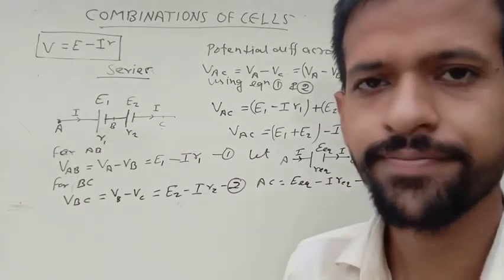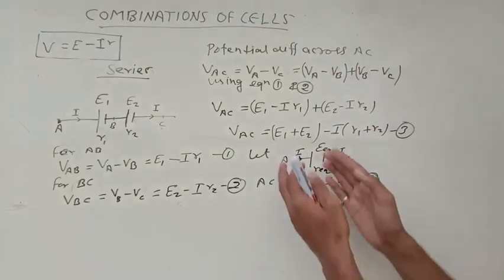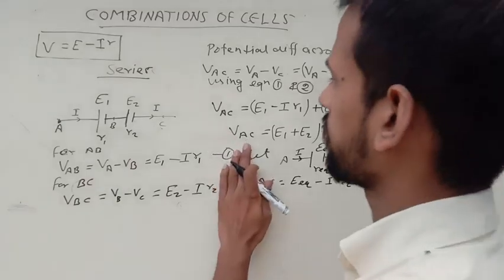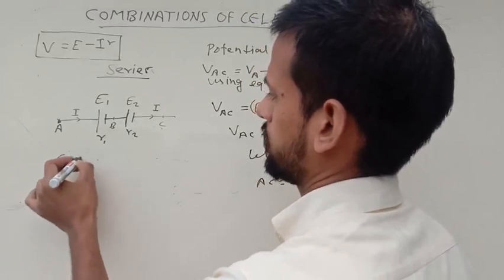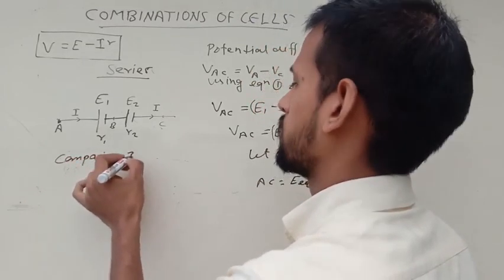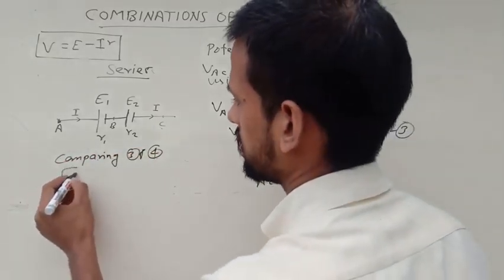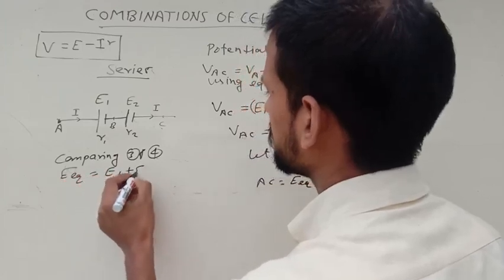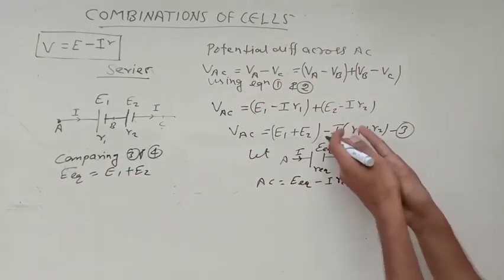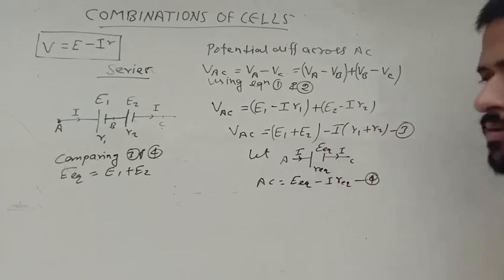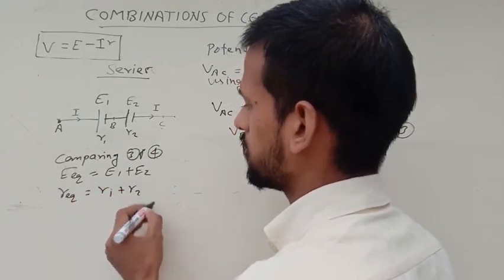Now by comparing equations 3 and 4, the equivalent EMF is E1 plus E2, and the equivalent resistance R equivalent is R1 plus R2.